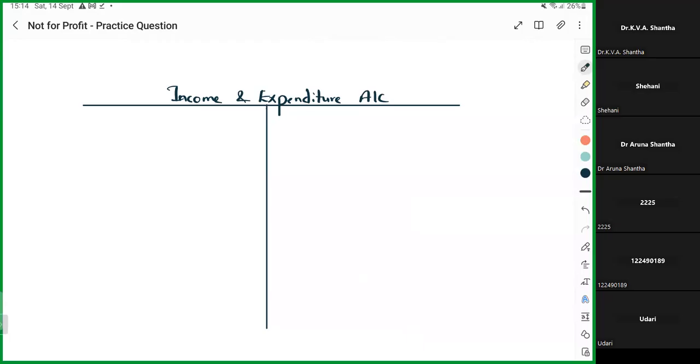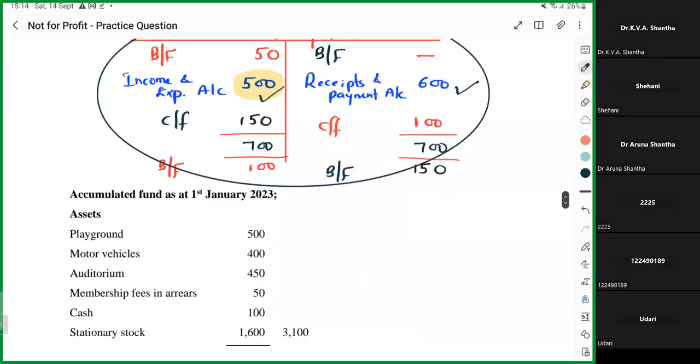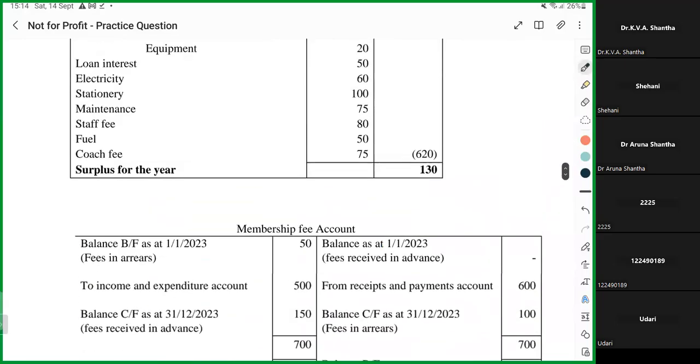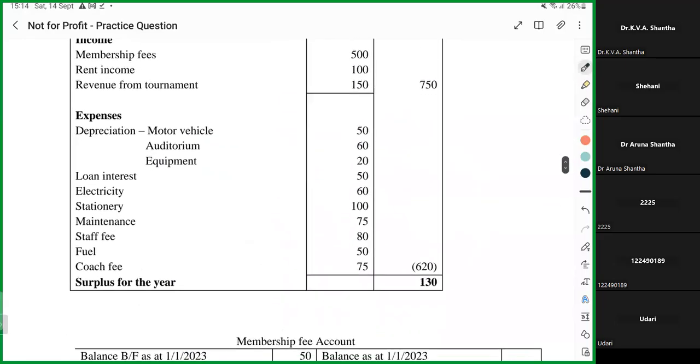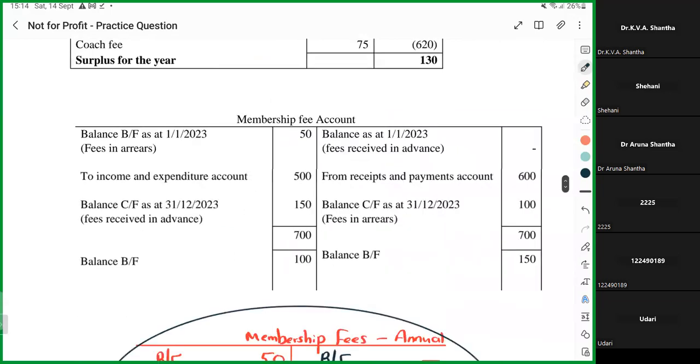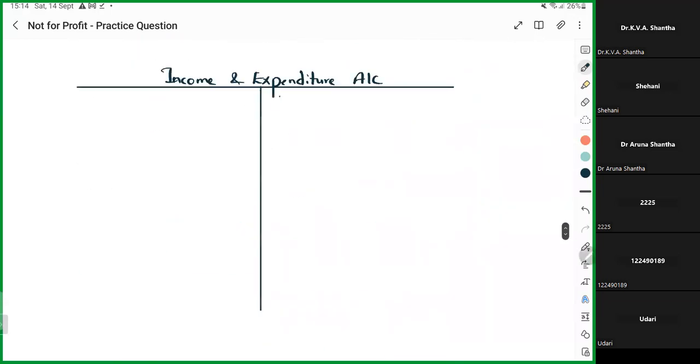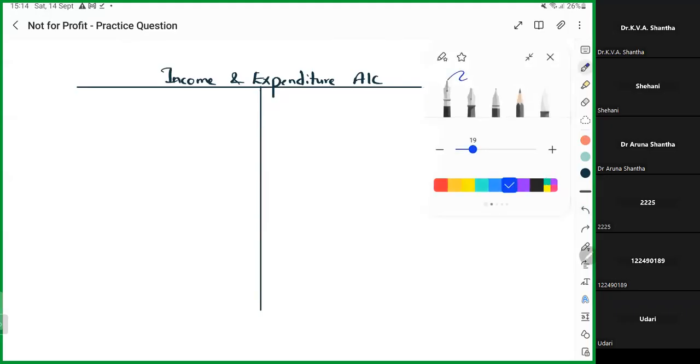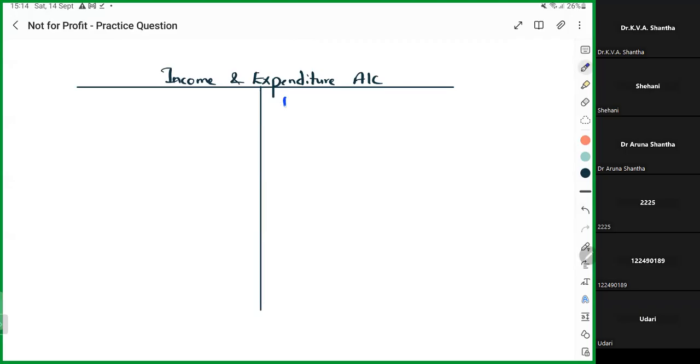Right, so let's prepare it as an account, because you have the answer as a statement. When you prepare it as an account, on the credit side you record income, and on the debit side you record expenditure.